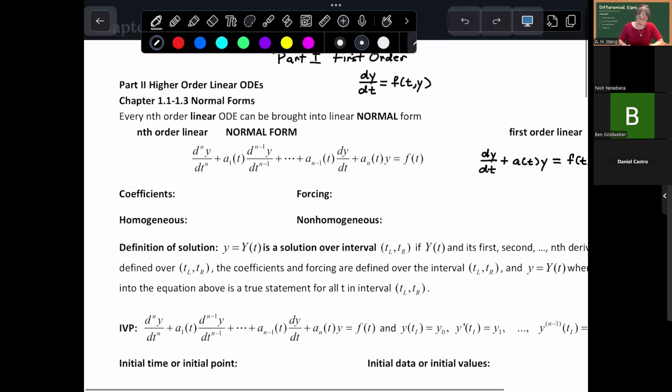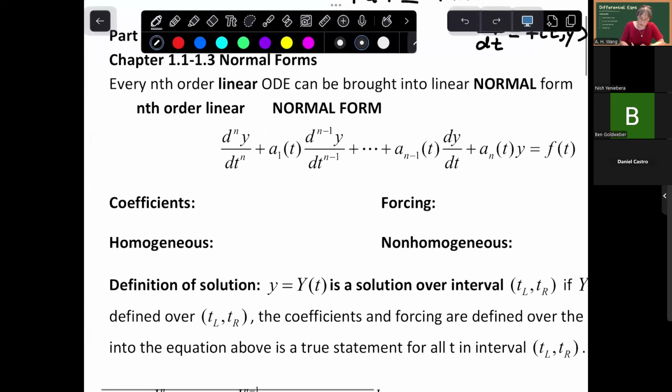Now, what are the coefficients? This is going to be a 1, so we usually leave that off after we put it into normal form. So the coefficients are a1 of t, a2 of t, dot dot dot, an of t. And your forcing is f of t. When is it homogeneous?